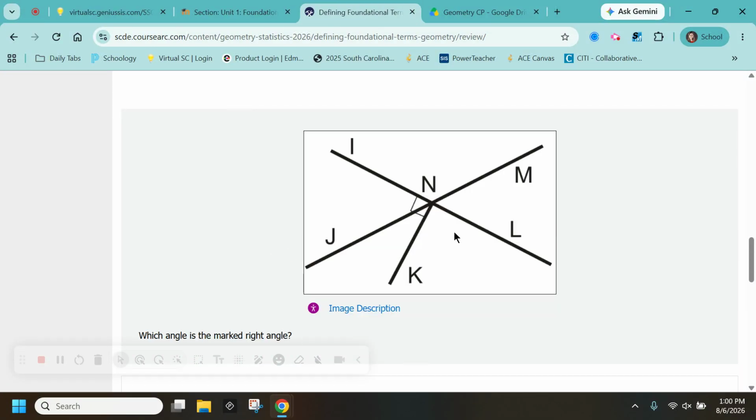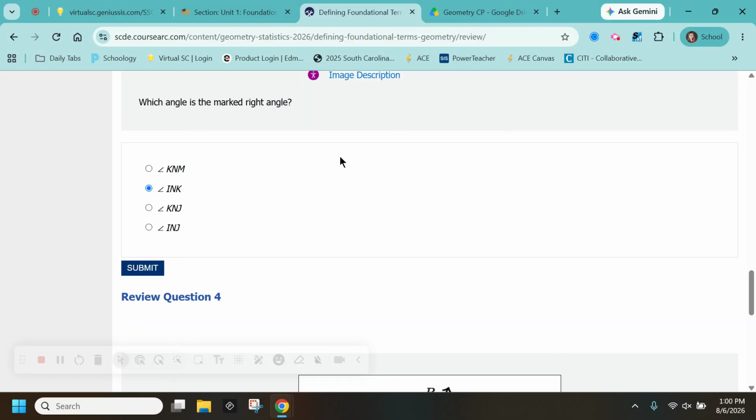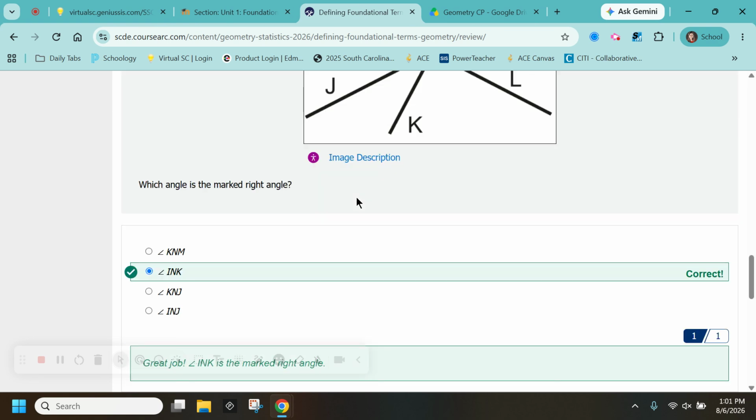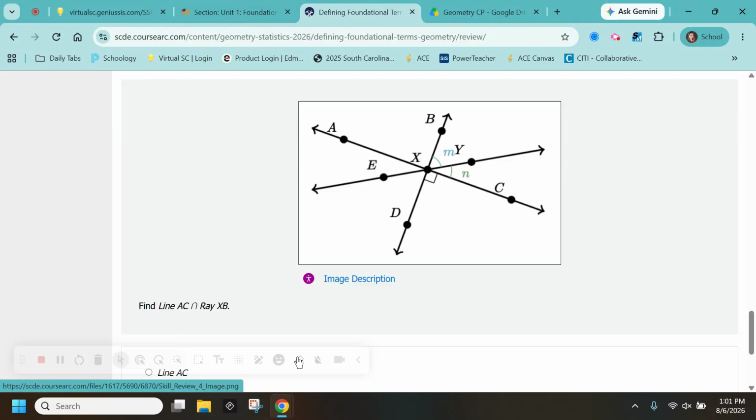Which angle is the marked right angle? So I have angle I, N, K, or K, N, I. I, N, K. And then last question, find line AC, the intersection with ray XB.